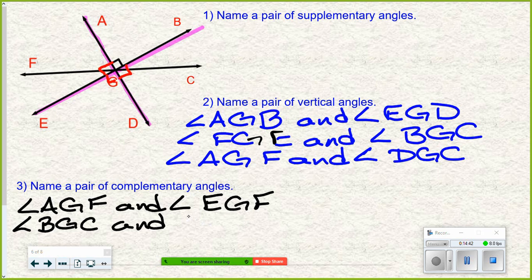BGC and DGC. So that's here to here. Those two angles together add up to 90, and these two angles together add up to 90. So there are 4 right angles in that picture. That's one of the biggest issues that students have in this topic, recognizing that there's 4 right angles in that picture.